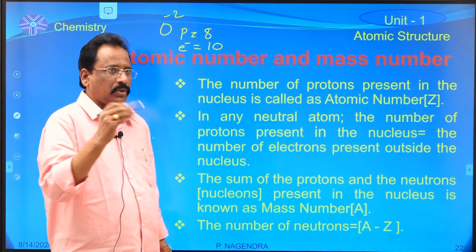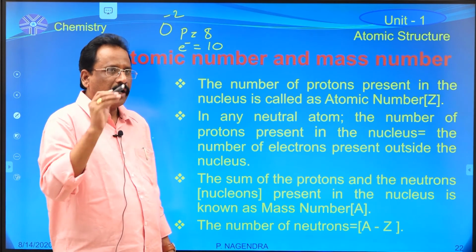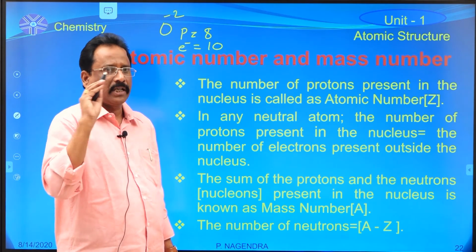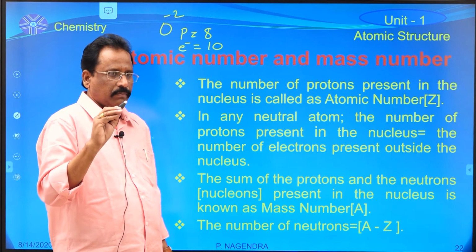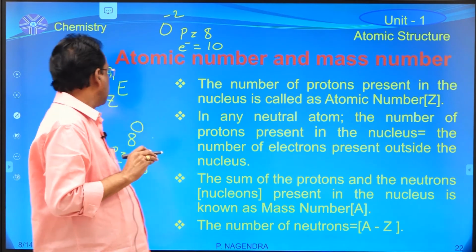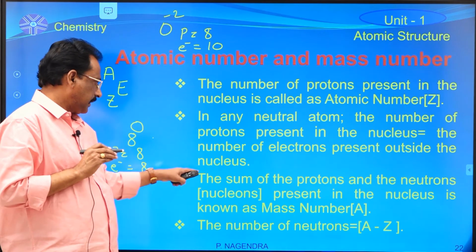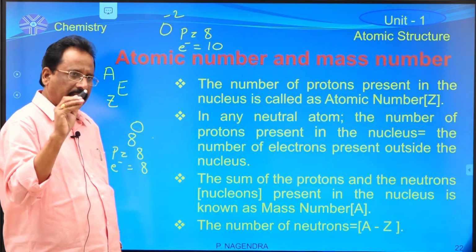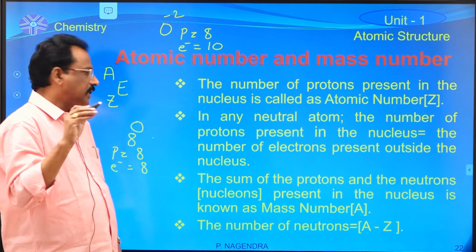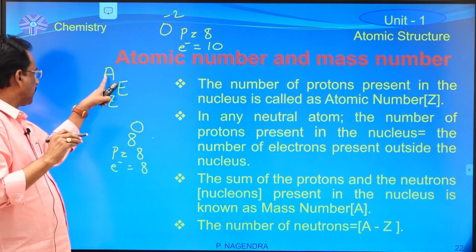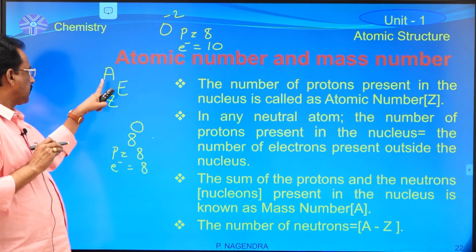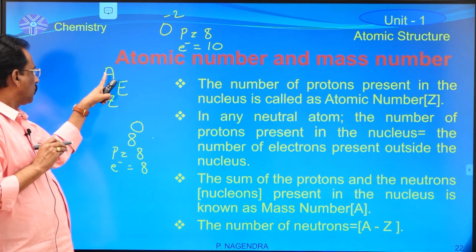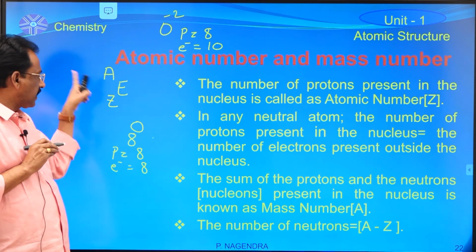Most of the students have a big confusion about the atomic number and mass number. So please follow properly. The atomic number symbol is capital Z. The mass number symbol is capital A. It is represented like this in the form of a superscript on the left-hand side.